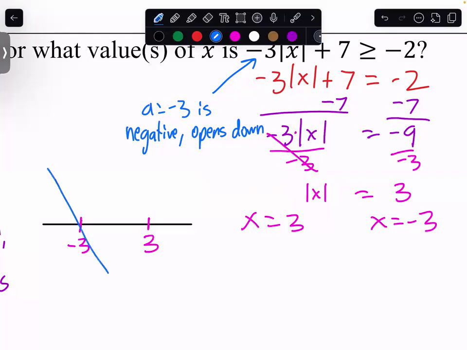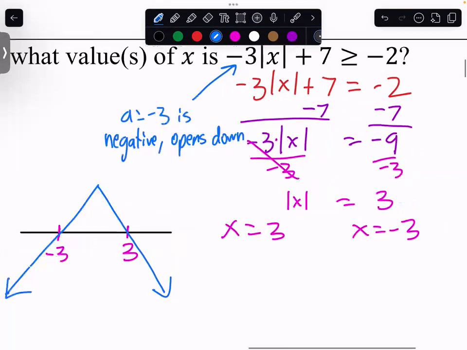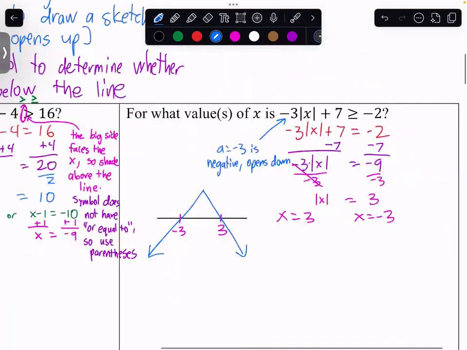It's not going to be like the previous problem because A is now negative. So you need to draw an upside down V that goes through the two key numbers. Okay, so it'll look something like this.